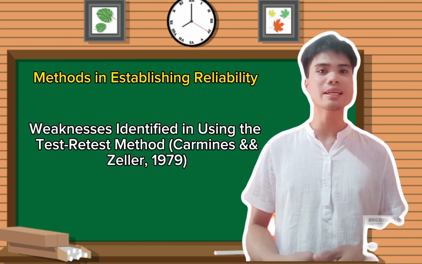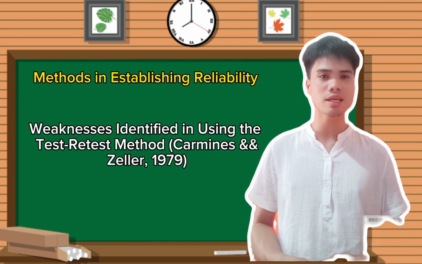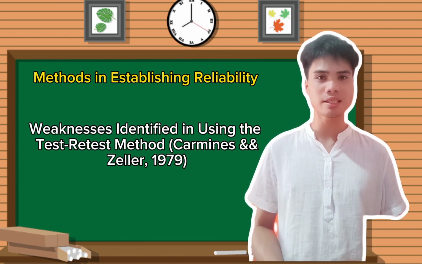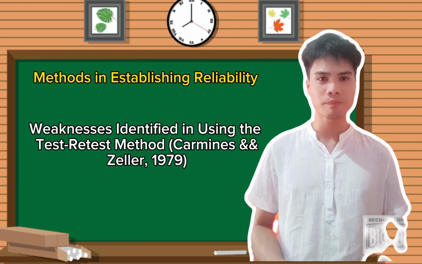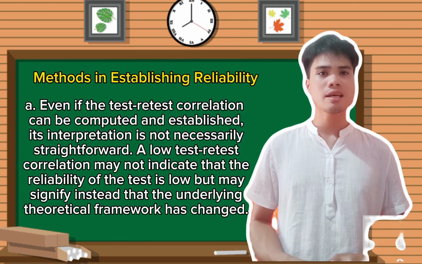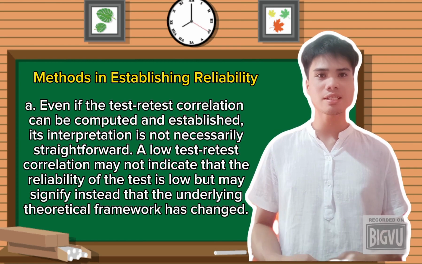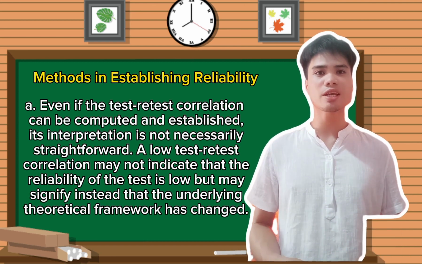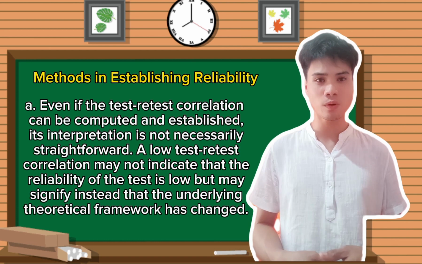So there are weaknesses identified in using the test-retest method according to Carmines and Zeller of 1979. The first one is, even if the test-retest correlation can be computed and established, its interpretation is not necessarily straightforward.